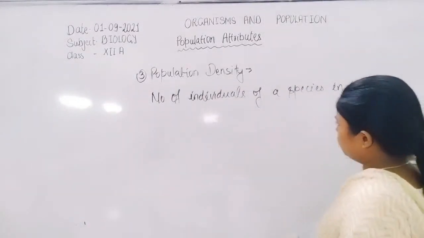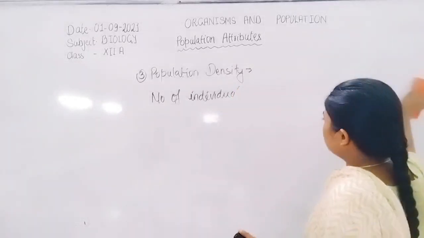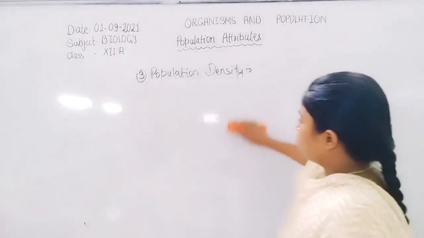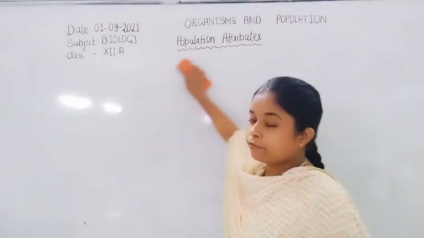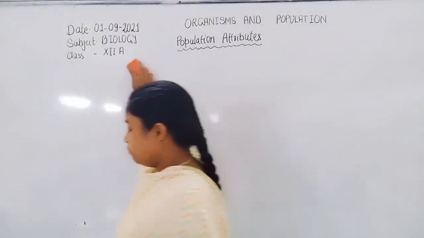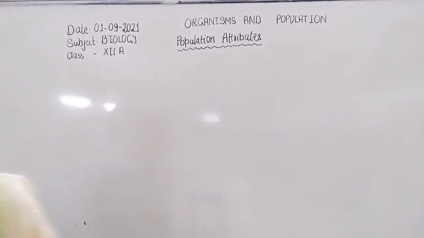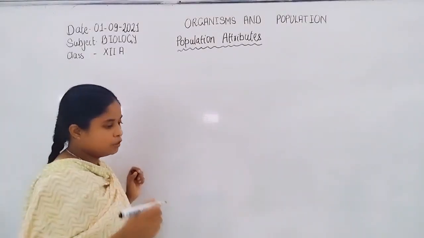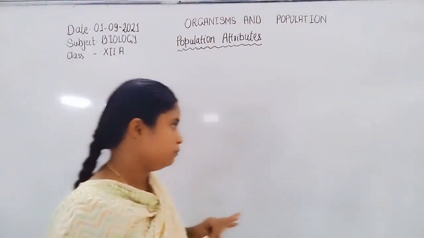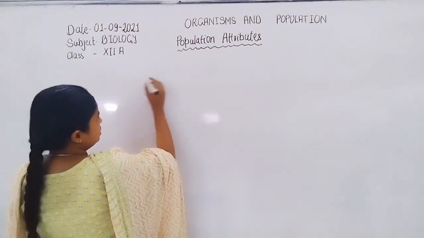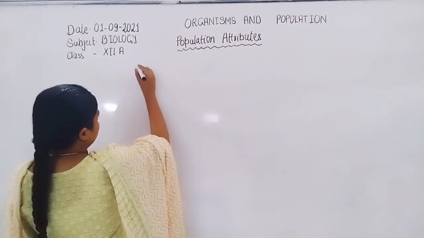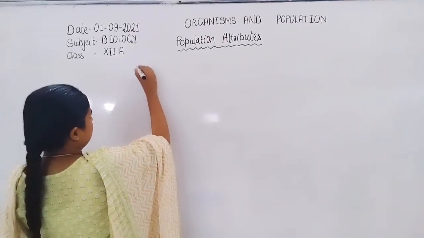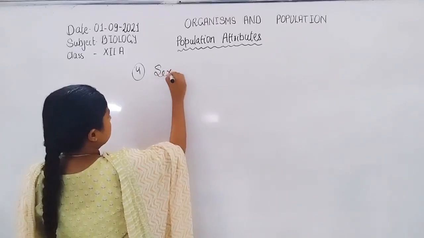Next is sex ratio. In a population, individuals are either male or female, so we can calculate the ratio of male to female.